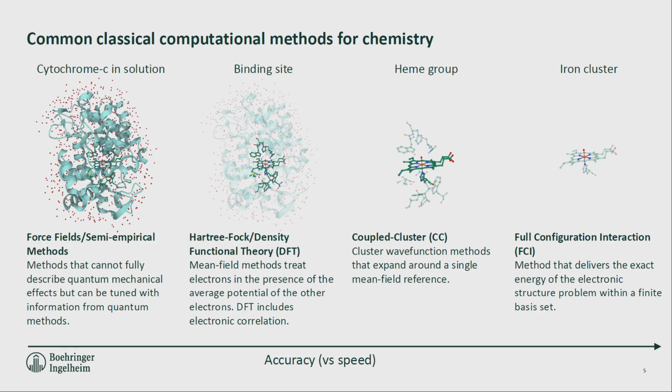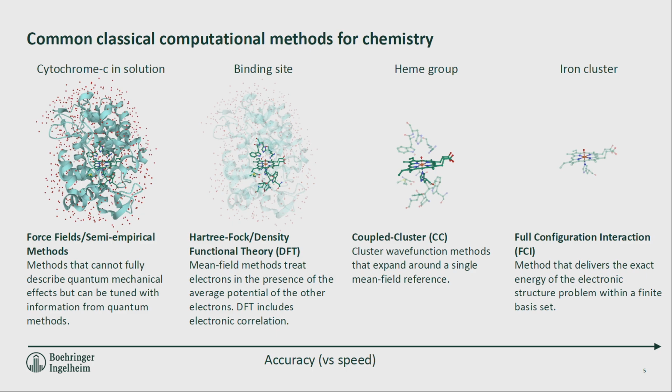When you look at the portfolio of current classical methods for simulating these molecules, you have a range of methods with a trade-off in how accurate the results are and how large a system they can treat. If you want to model a large system, you can use semi-empirical methods like force fields, and as you care about more and more precise methods, you have to narrow down the size of the problem and employ a more precise method, which then runs for longer.